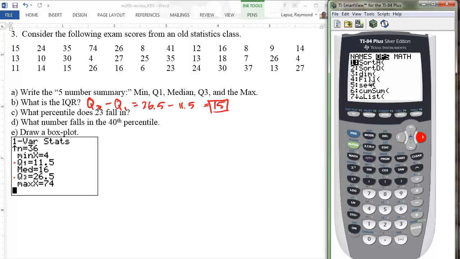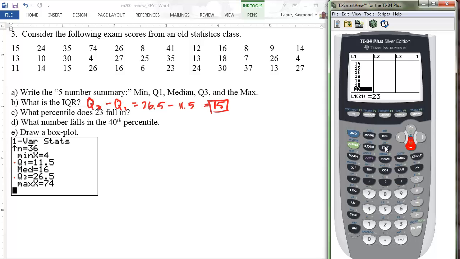Hit enter for sort A, and then we want to sort list 1 so that it's in ascending order. Close the parentheses and press enter. It says done, so let's take a peek at our list again. And now if you look down here, 4, 4, 6, 7, 8, 8, it looks like it's sorted in order.